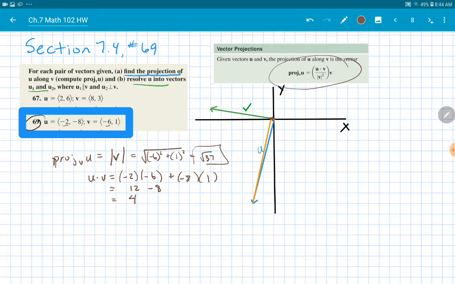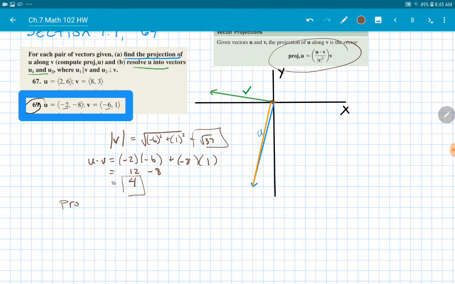So there's my dot product, my magnitude. And then my projection of u along v is the dot product divided by the magnitude squared times the vector. So my projection is actually that brown little vector.